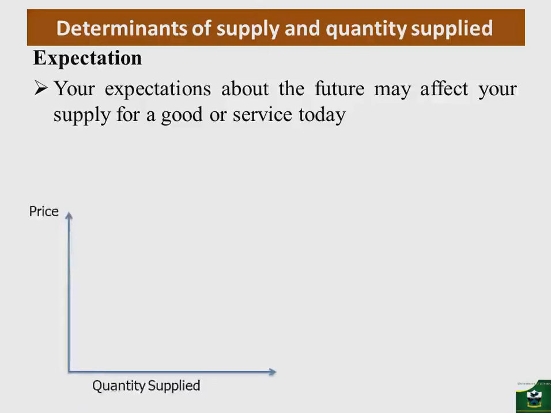So with price on our vertical axis and quantity supplied on our horizontal axis, and our initial supply curve S1, if there is an expectation that prices will reduce tomorrow or in the future, say maybe next week, it means that firms will have to sell off all their items today before the price goes down.